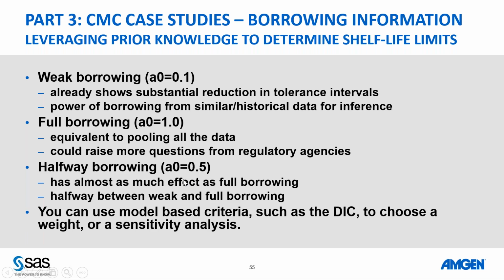And as you just said, we can use other criteria to choose the weight. I also want to add why, in the first bullet, when we only borrowed a little bit, the difference between borrowing nothing and borrowing even a little bit shows a substantial reduction in the tolerance interval. It really is an indication of how similar these data sets are.